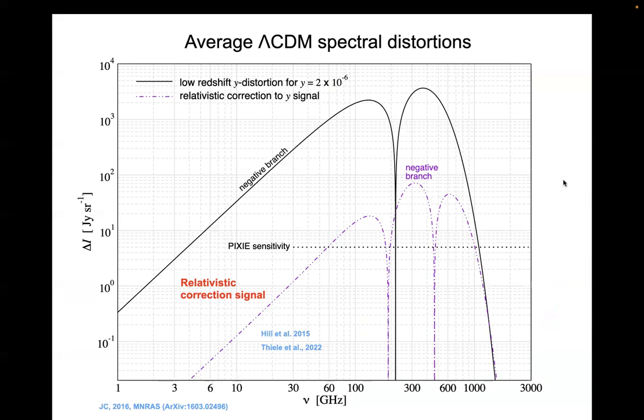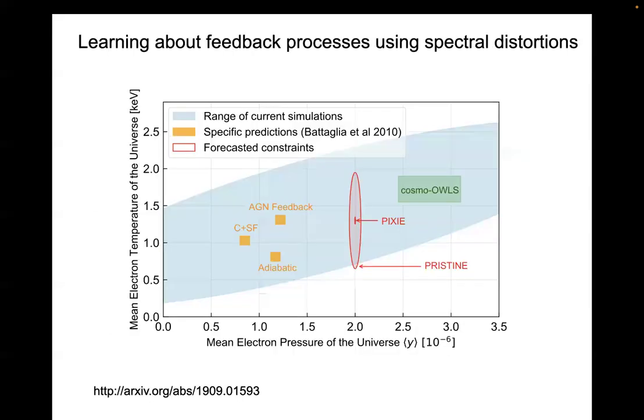Because this is pretty hot gas, you get a relativistic correction to this signal, which comes from the fact that you have temperatures that lead to electron velocities that are a fair fraction of the speed of light, and you cannot just calculate the distortion in the non-relativistic limit, which is the classical Sunyaev-Zeldovich effect. So you see this correction to it, and that will allow you to probe not only the average pressure of the universe, but also the temperature of the universe.